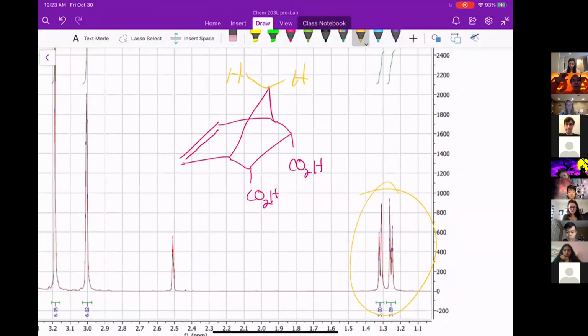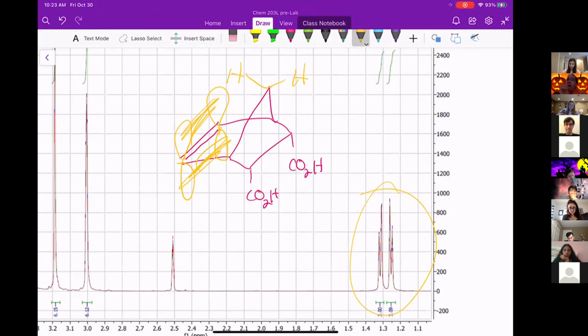And that double bond has pi electrons being shared here. So this hydrogen is sitting right on top of this mass of electrons on the one side, and on the other side it isn't. So they're not in chemically equivalent environments, and as a result, they're going to appear differently.